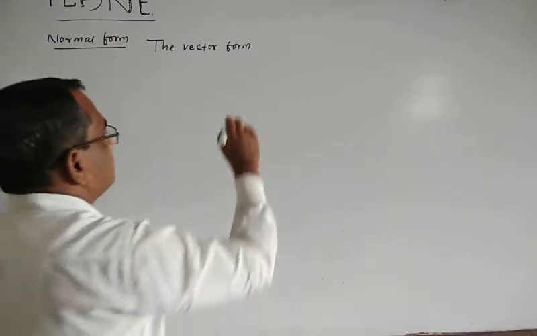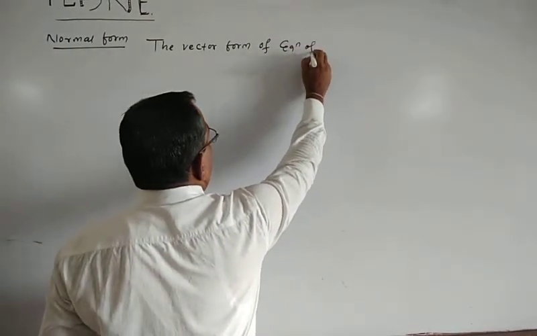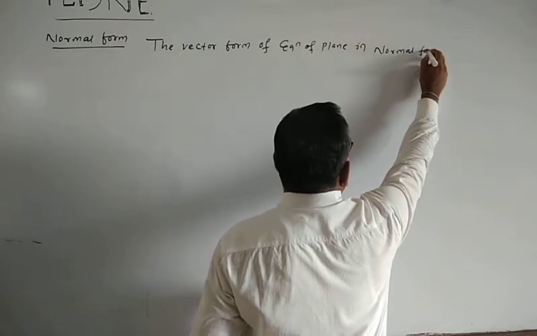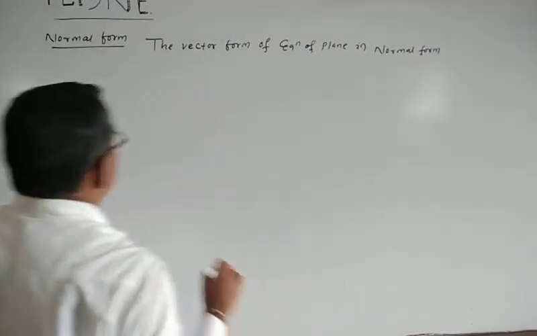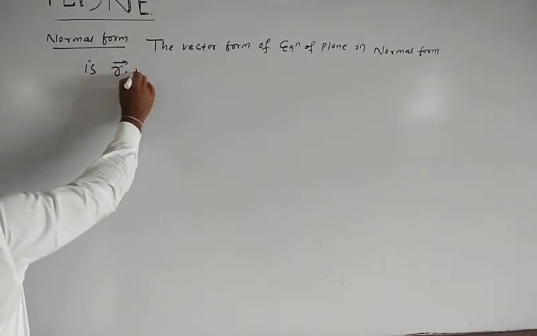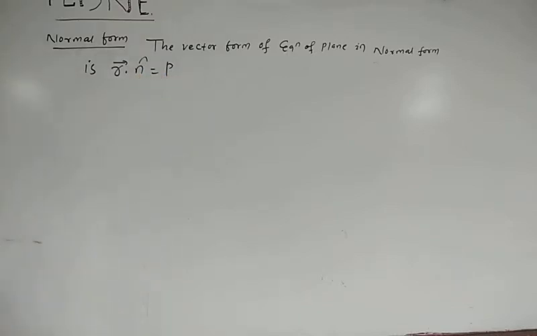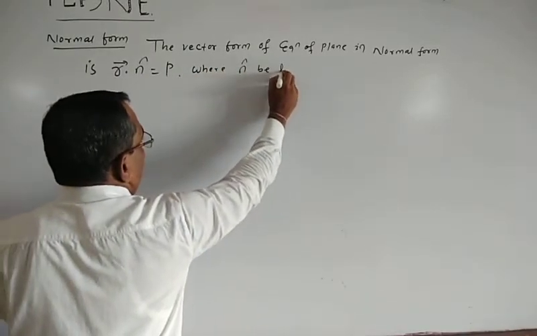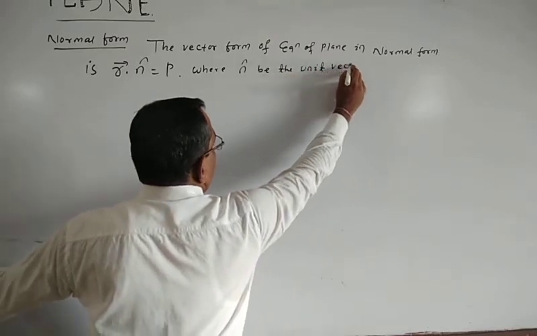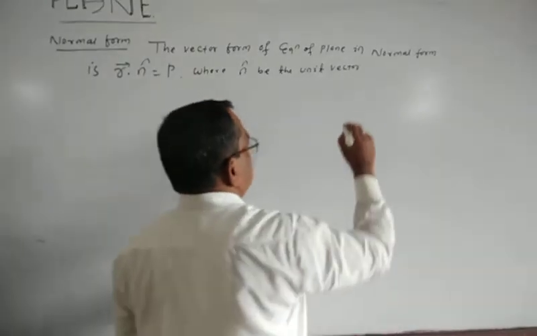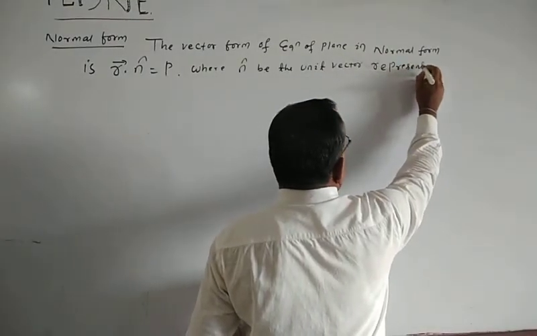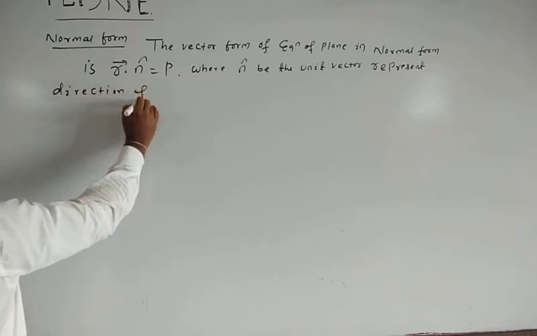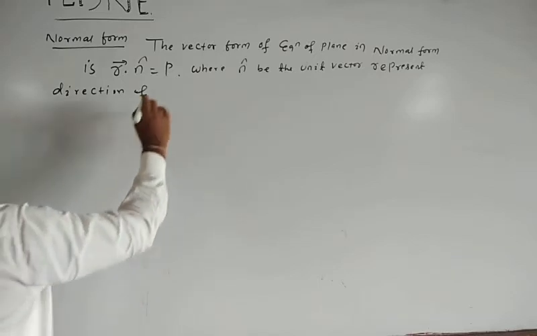The vector form of the equation of a plane in normal form is r vector dot n cap is equal to p, where n cap is the unit vector which represents the direction of the perpendicular or normal.